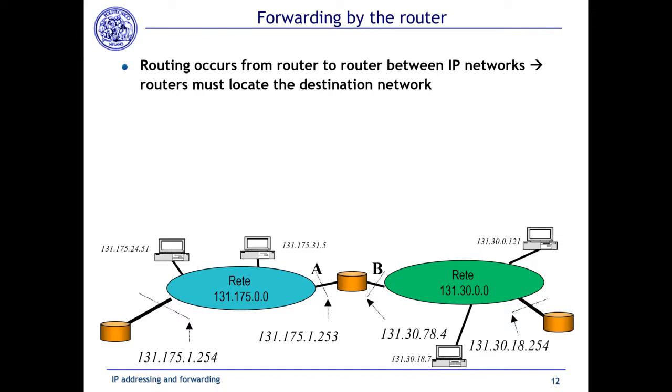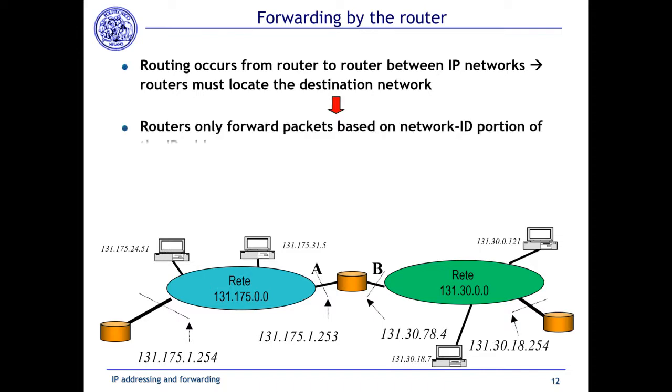The decision is always taken looking only at the network ID portion of the IP address. Okay, so the router receives a packet with a complete destination address, which is composed of 32 bits. This is very important to remember. The destination address is always 32 bits. But the router only looks at what it can understand to be the network ID portion of that IP address.